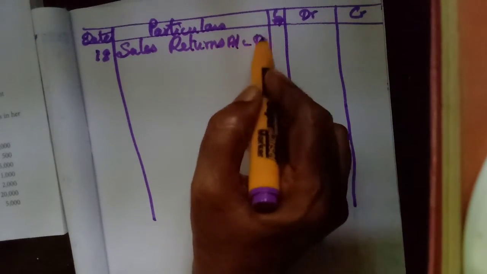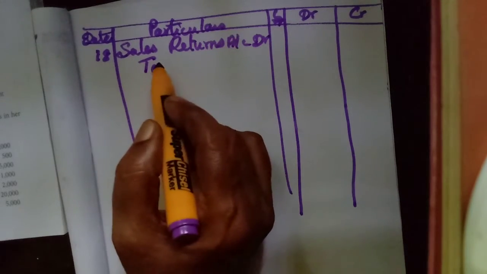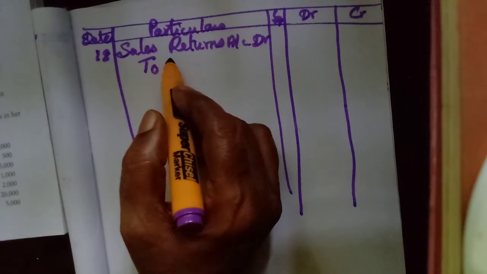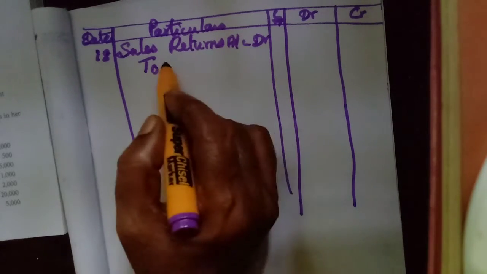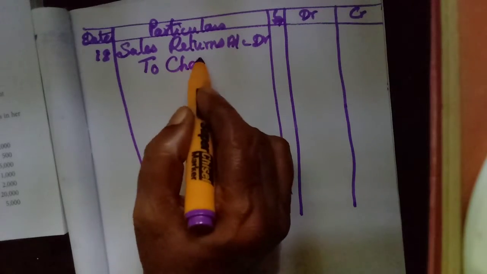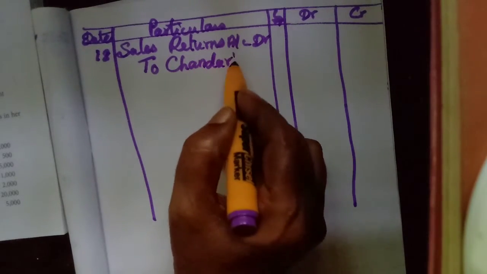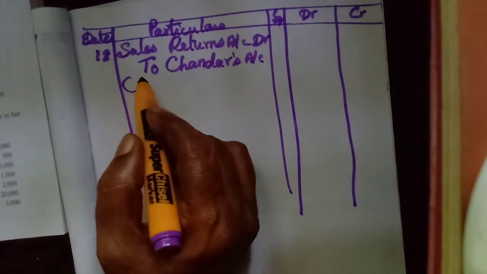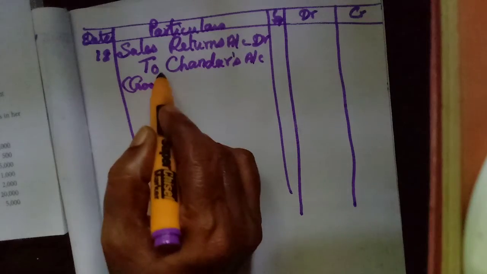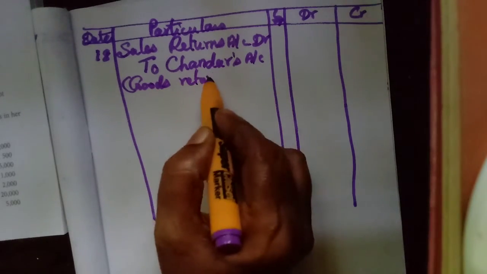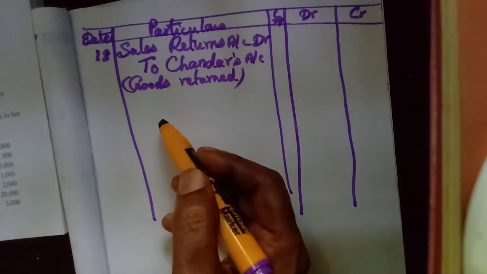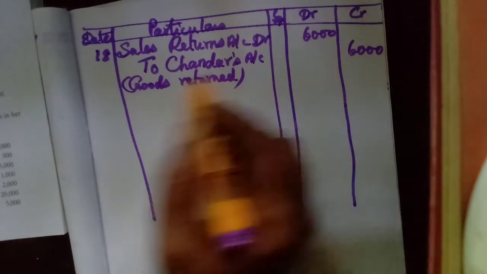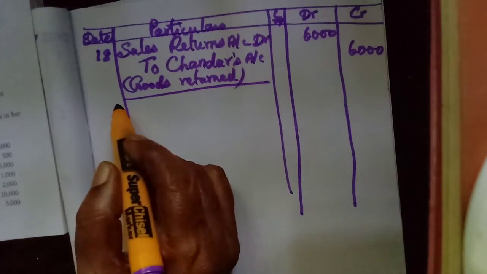Sales returns account debit to Chandar's account, who is the giver. Goods returned by Chandar, 6,000.